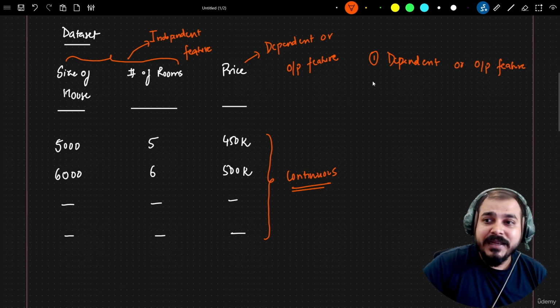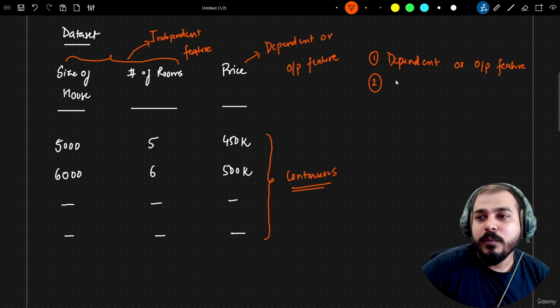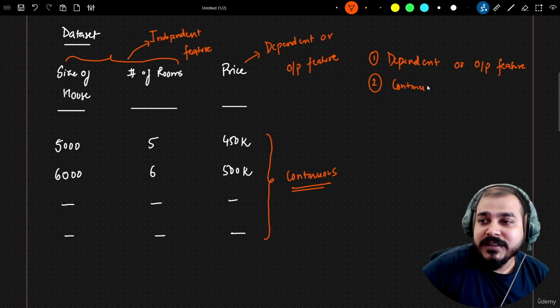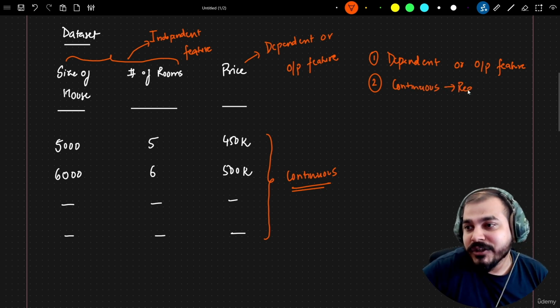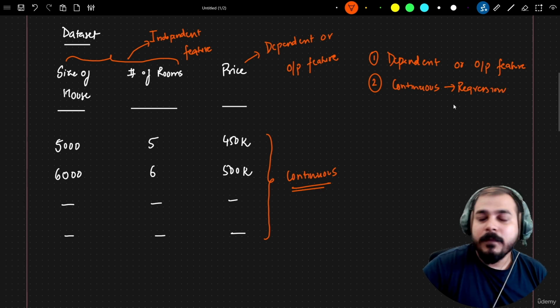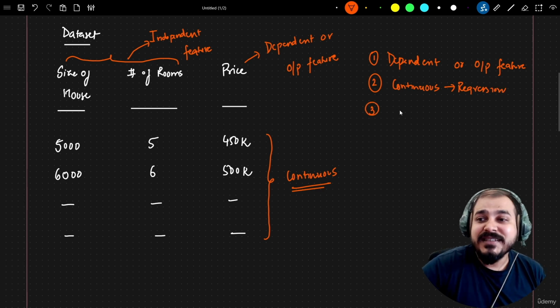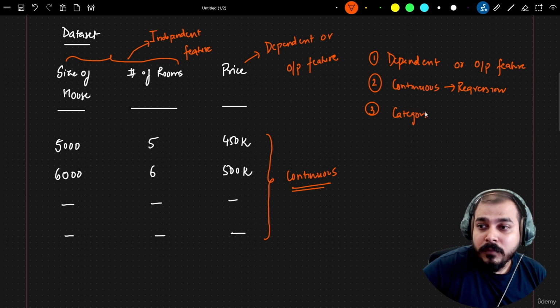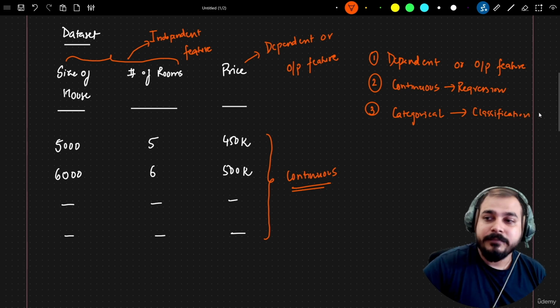The second point is that if it is a regression problem statement, then your output feature will be continuous. If it is continuous, you can directly consider that this will be a regression problem statement. But if this is not continuous and if this is categorical, then what kind of problem statement will this become? This will become a classification problem statement.